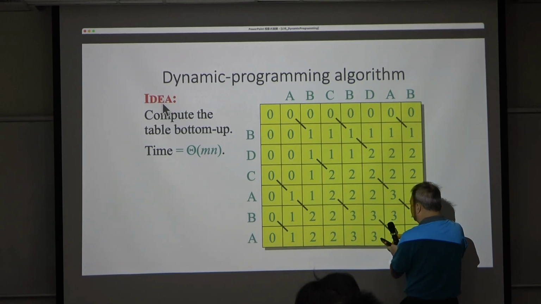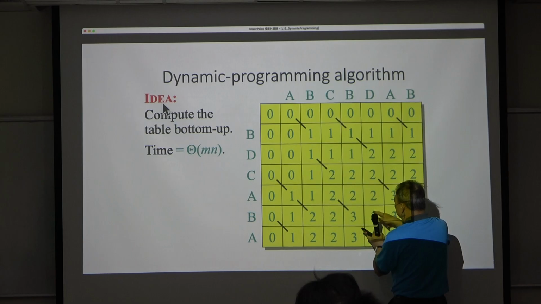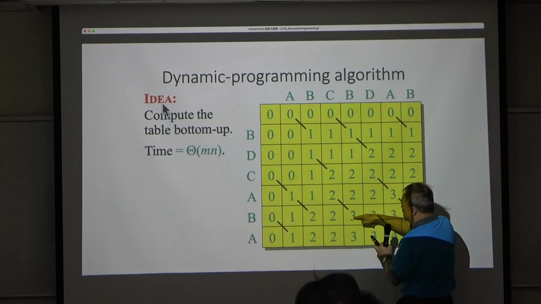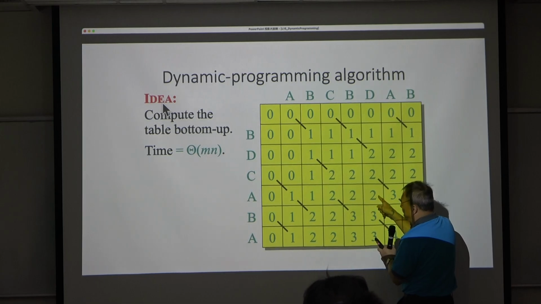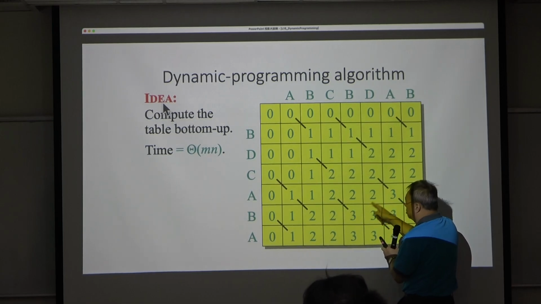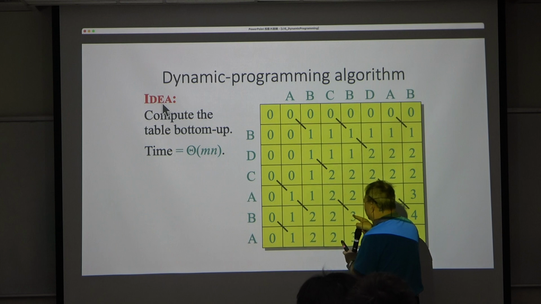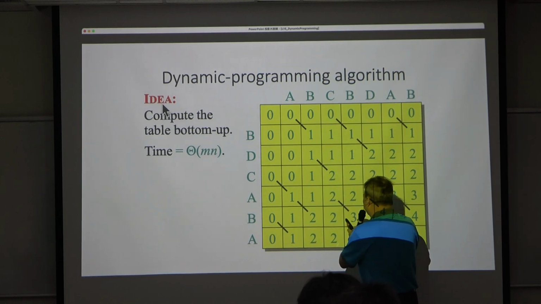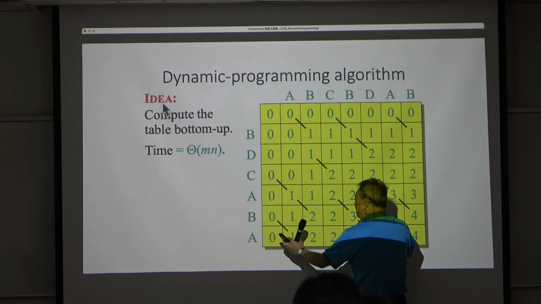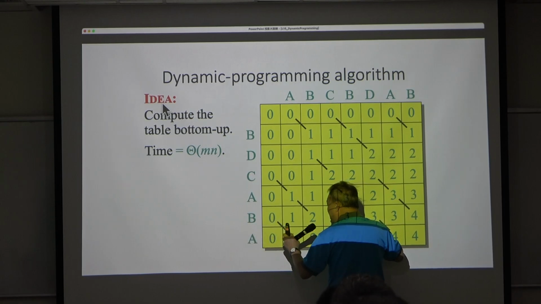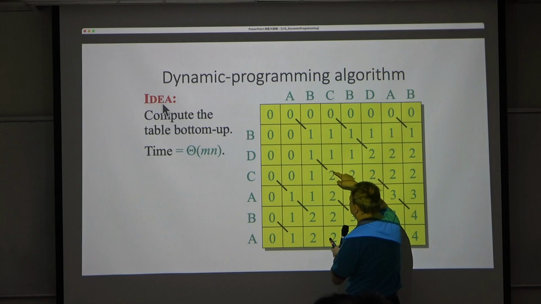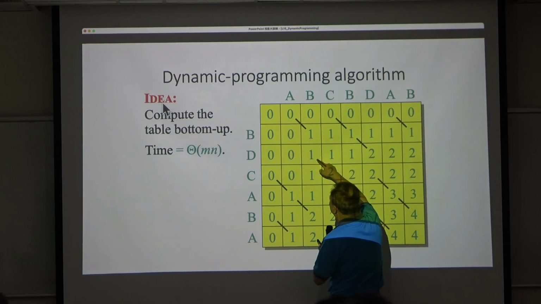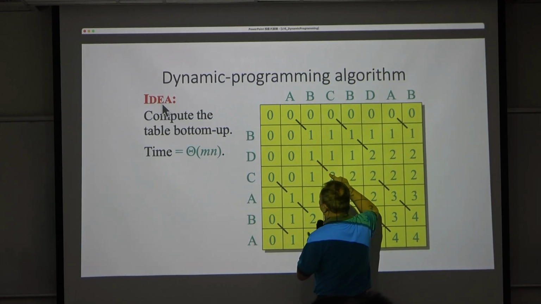Output A, go here. 3, we know 3 comes from the left, because it's 2, 3 and we take the larger one of the two. So we go this way. Then there's a diagonal, so it's a B. Previously we output A, and now we output B. Here 2 comes from here, and we have another diagonal, so we output C.